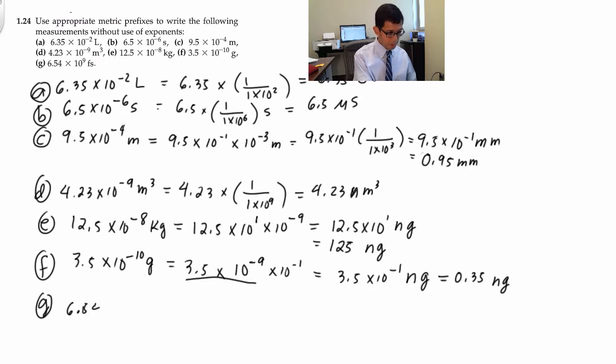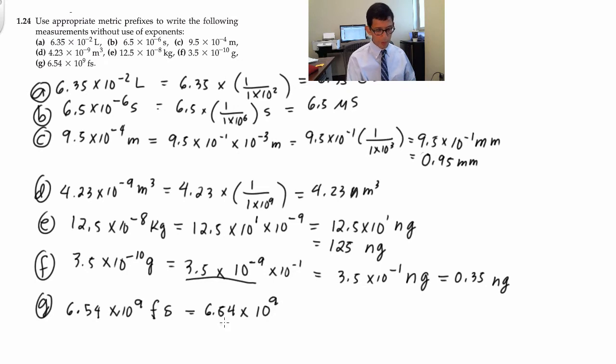And finally, 6.54 times 10 to the 9th femtoseconds. Okay, so this is 6.54 times 10 to the 9th. What is femto? Femto is times 10 to the negative 15. What is negative 15 plus 9? That would be negative 6.